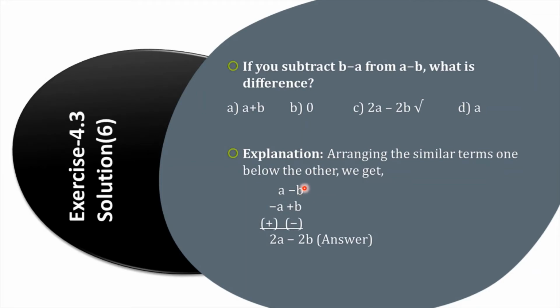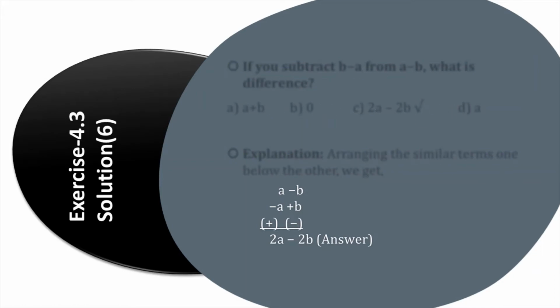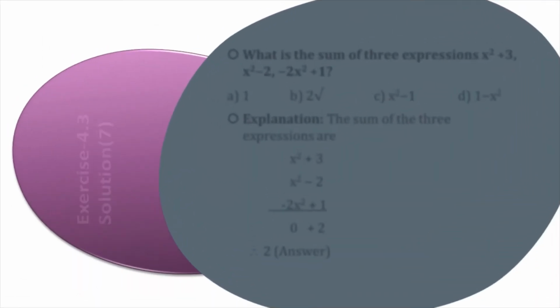That's why we have to add, so 2b, and the sign will be minus, my dear. So this is question number 6, and the answer will be 2a minus 2b if we arrange the similar terms one below the other.